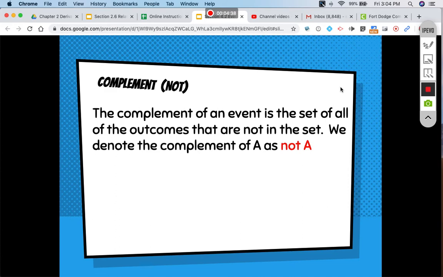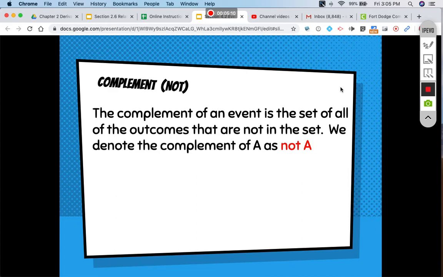Now, the first thing we're going to talk about is the complement, or the not. The complement of an event are all of the outcomes that are not in the event, which is why we call it not A. You can also think about, say, complementary angles from geometry. The idea is you have two angles that add up to a line, add up to 180 degrees.